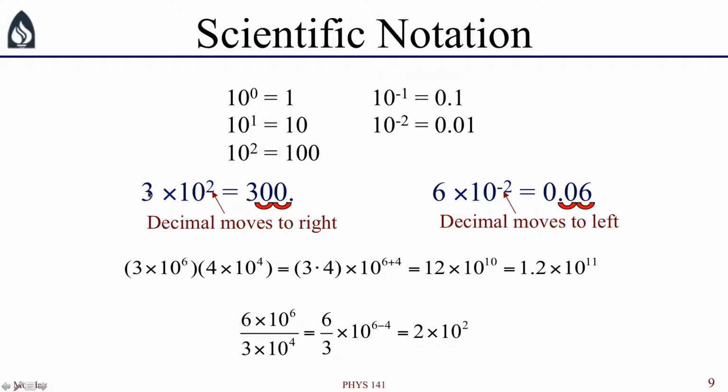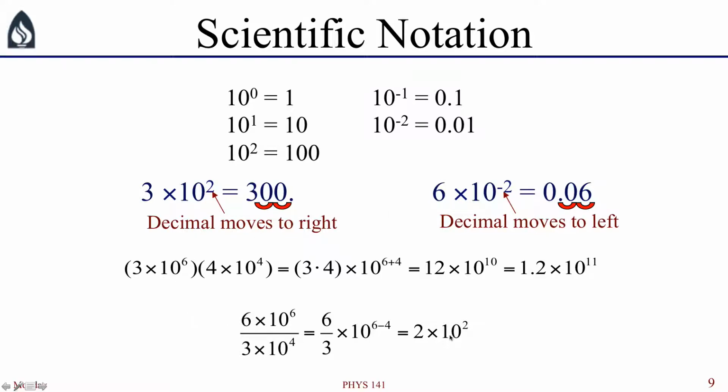So for example, if you have this large number, if the exponent is 2, that means the decimal point needs to move 2 places to the right if you were to write this number without scientific notation. On the other hand, if you have a negative exponent, that denotes a small number and means that the decimal point needs to move 2 spaces to the left.